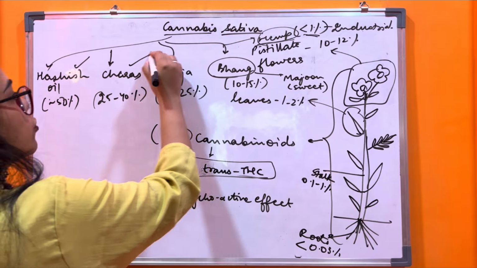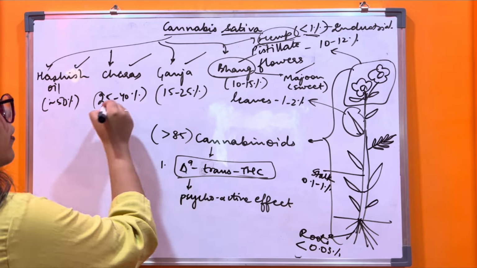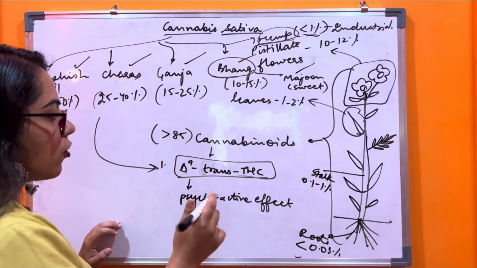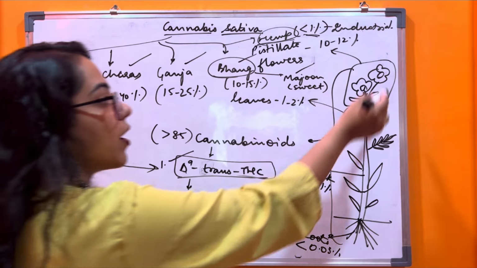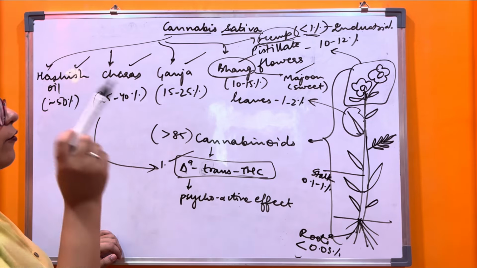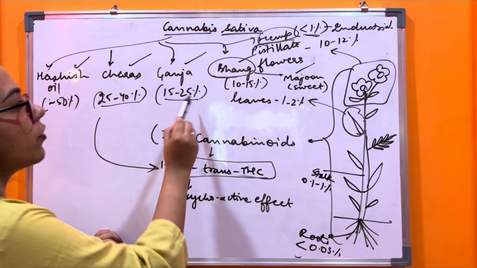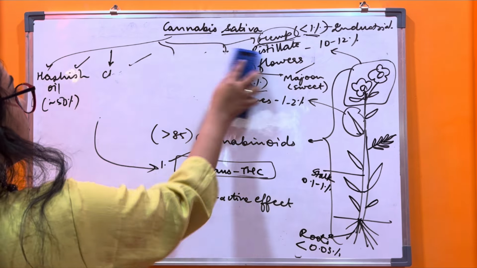In hashish, charas, ganja, bhang, majun, in all of these, the major acting principal component is trans delta 9 THC only. But from which part of the plant the drug has been extracted, on that basis the concentration of THC varies, right?